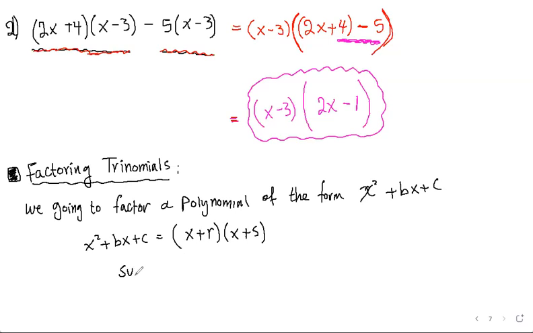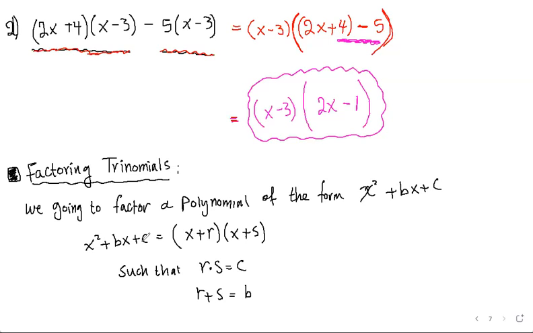such that r times s must equal c, and r plus s must equal b. So we're looking for two numbers.